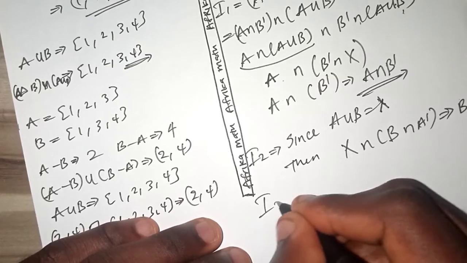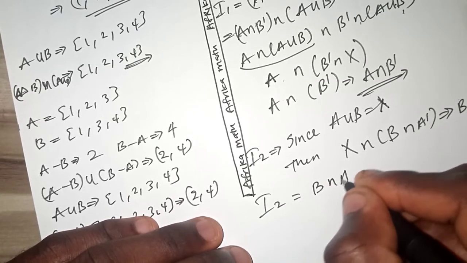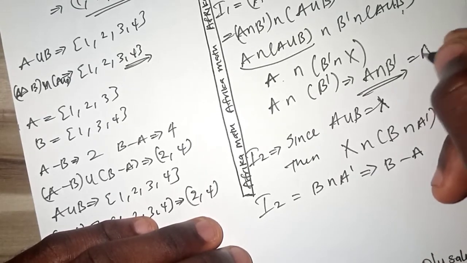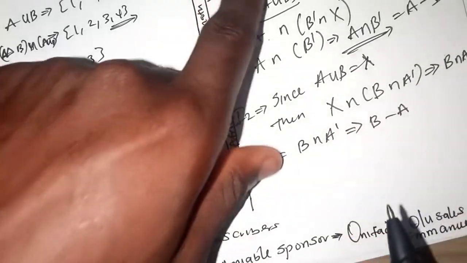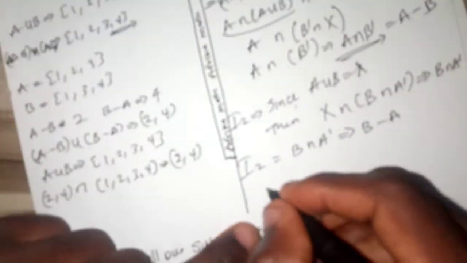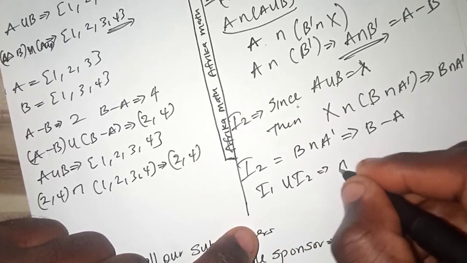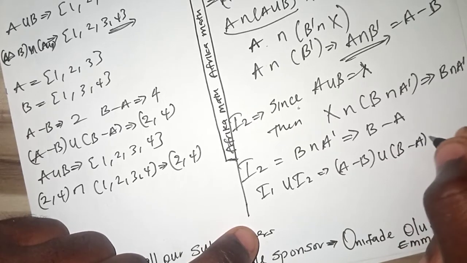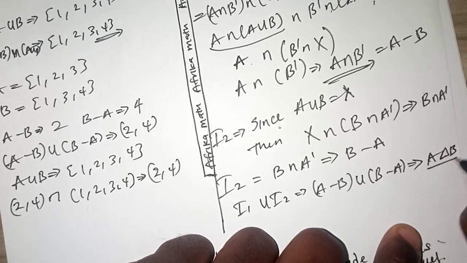So our I2 is B intersect A prime, which is the same thing as saying B minus A. This one is the same thing as saying A minus B. And don't forget our point here. So I1 union I2 will give us A minus B union B minus A, which is the same thing as saying A symmetric difference B.